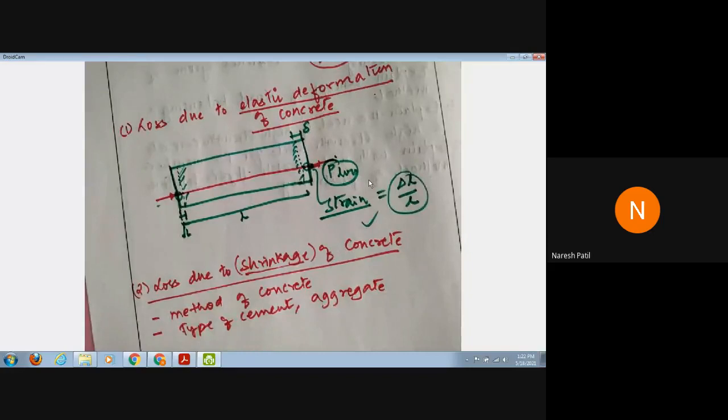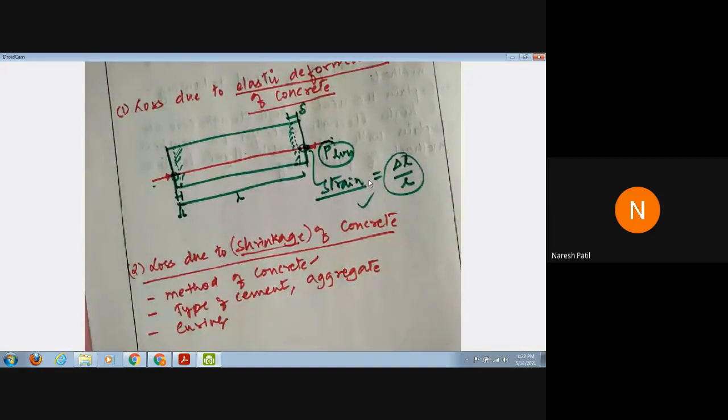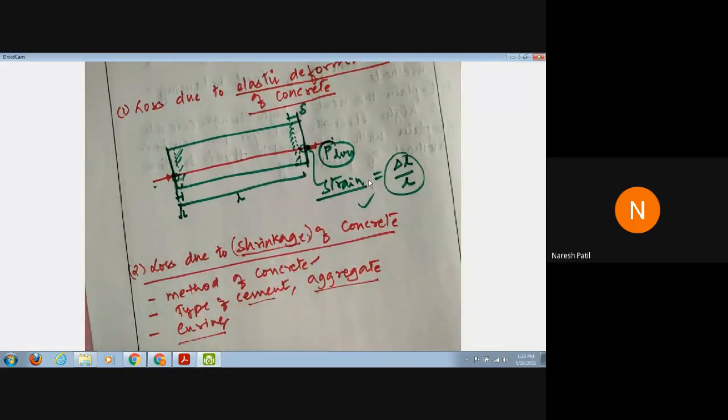Then we have curing and so on. Based on the method of concreting, type of cement, type of aggregate, or the curing methods or curing period, the concrete will shrink or deform, and because of that there will be loss in the stress. So that is called loss due to shrinkage.